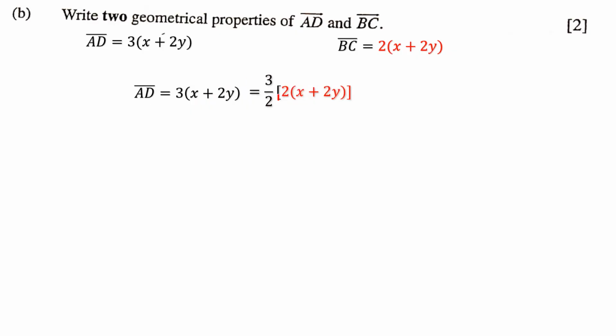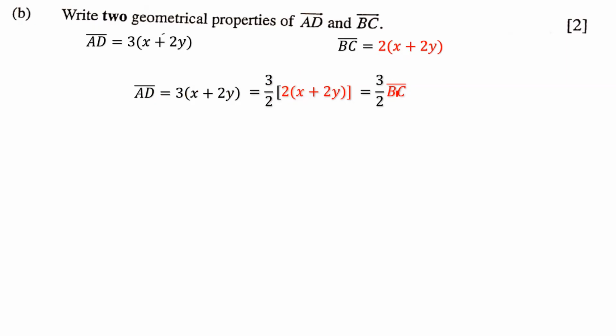Like I could write AD like this, all right? Now, why would I want to write AD like this? Well, because if you look carefully, this right here in red, that's exactly BC. So I could express AD as 3 over 2 BC, all right? So basically all I did was I expressed AD in terms of BC.